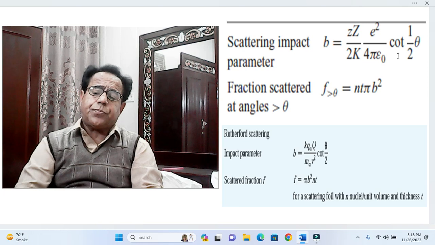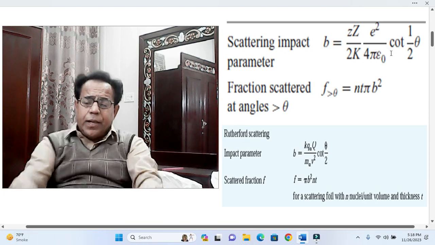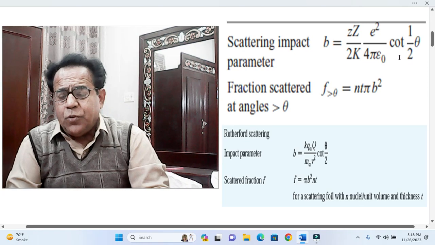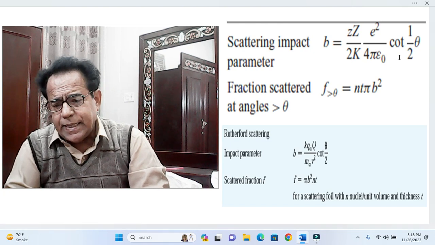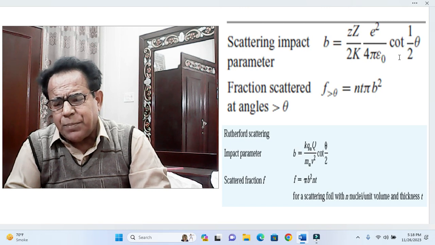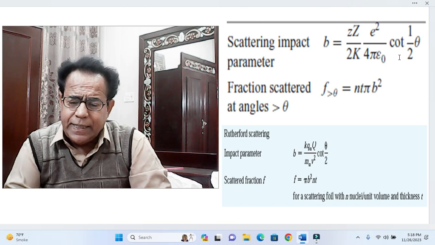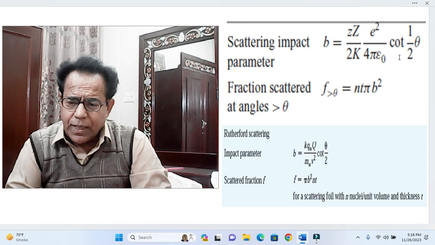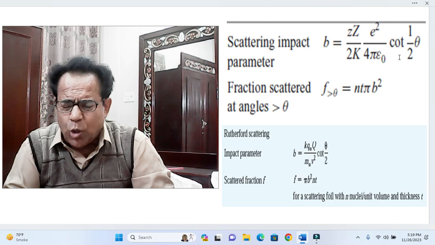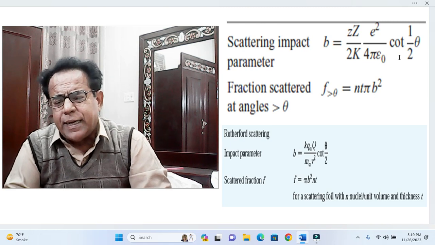Okay, yes students, in this formula some authors, in place of small z capital Z, use z1 z2.